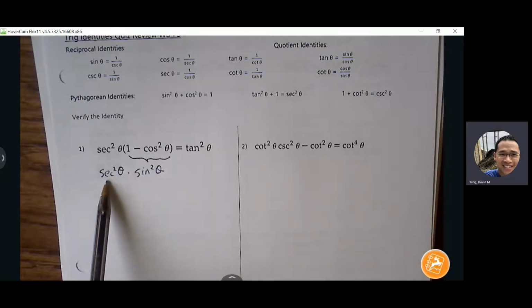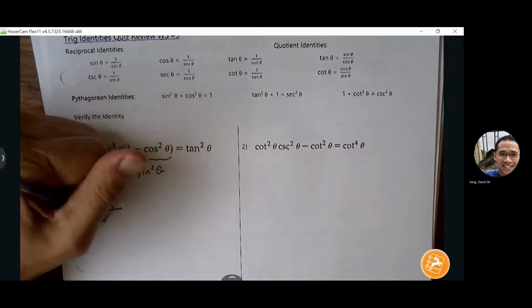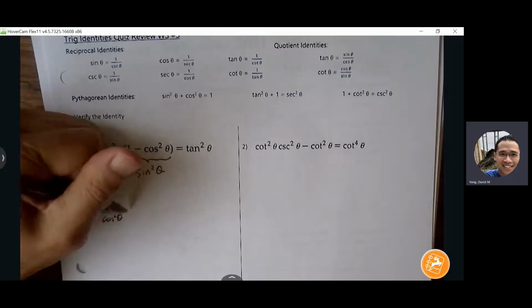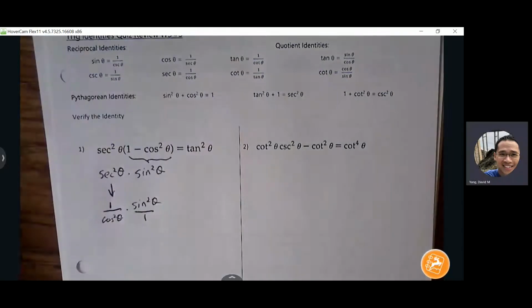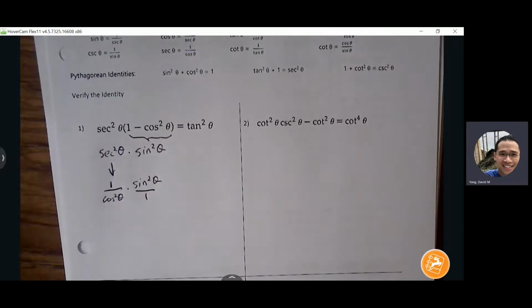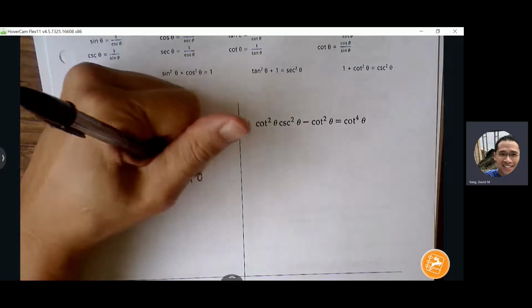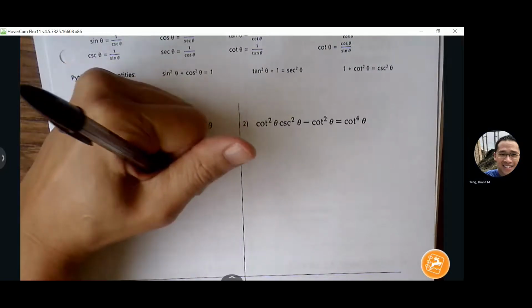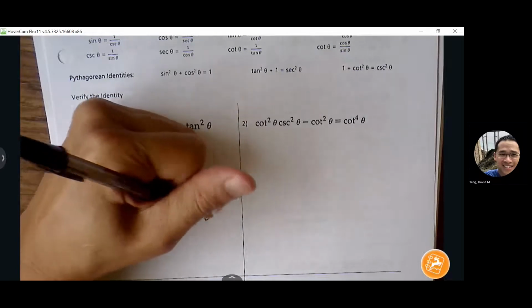We know secant is the reciprocal of cosine. And then conveniently, sine squared over cosine squared will turn itself into tangent. And we're at the end.